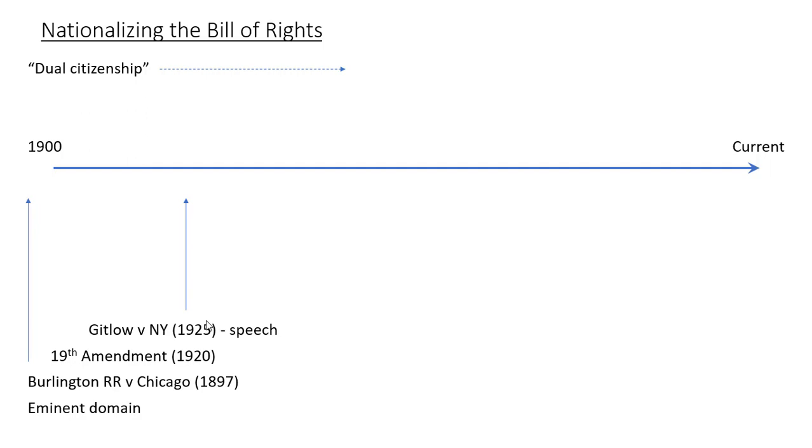Now, this is an interesting twist because the Supreme Court actually ruled against Gitlow that yes, you can't do that. You can't just willy-nilly say whatever you want and incite violence and make threats, that sort of thing, and that could cause harm.